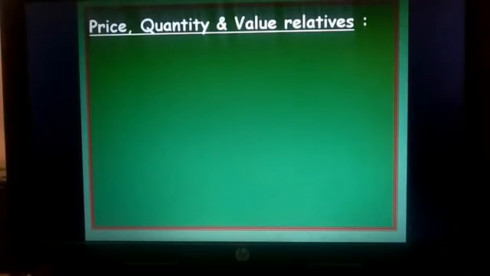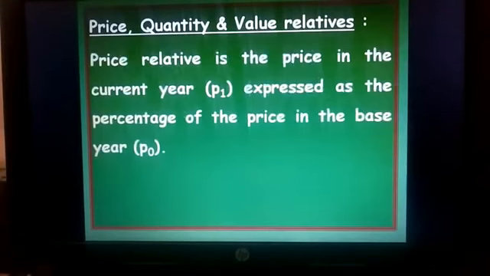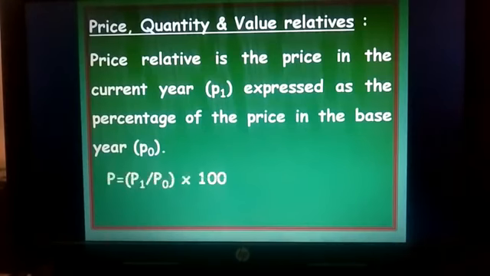Now in this class we shall concentrate on the extension of price, quantity, and value index numbers as price, quantity, and value relatives. Let's see first what will be price relative. Look at the cursor.